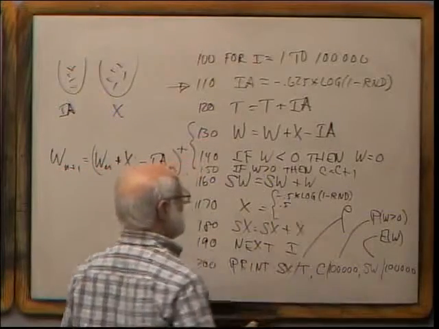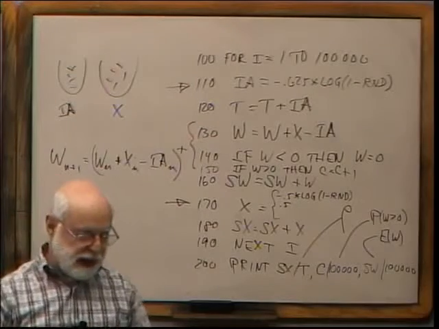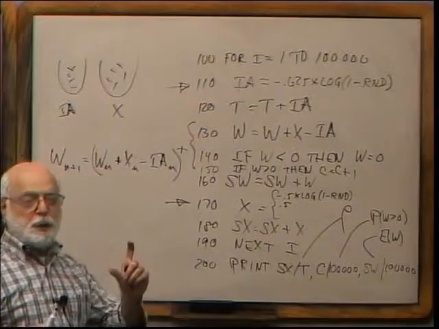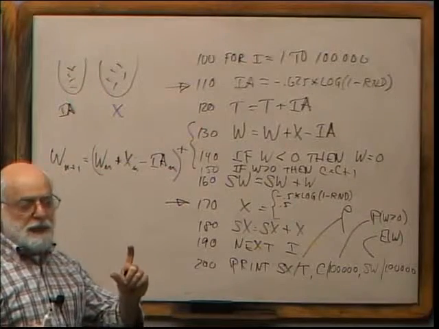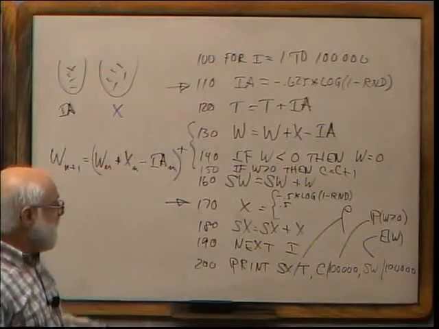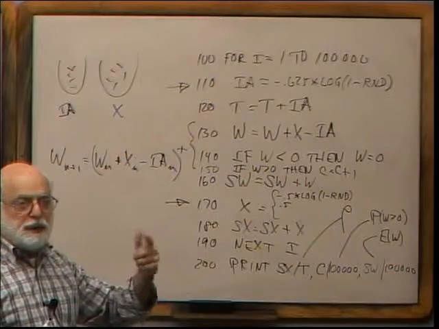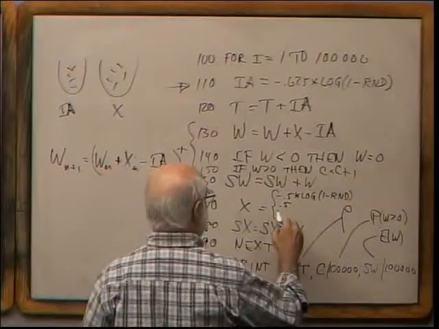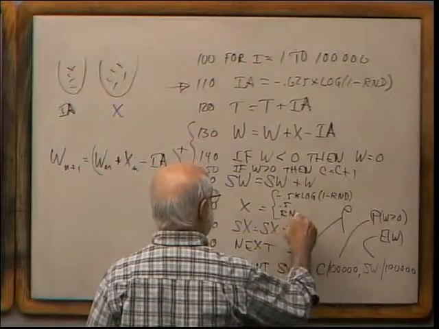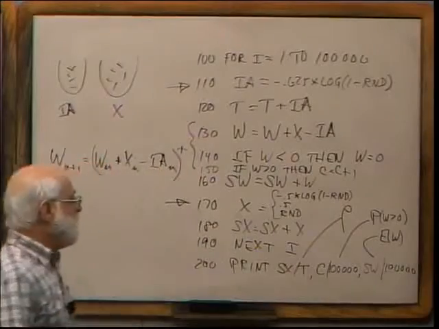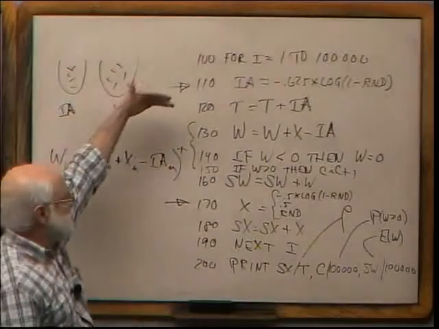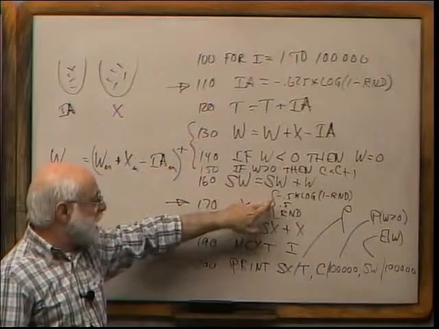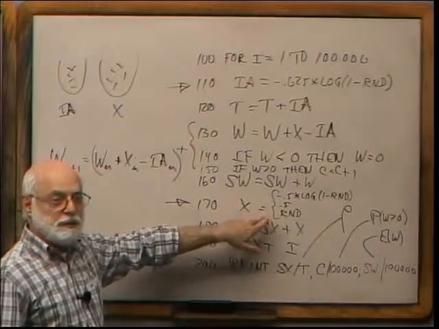In the third case, the service times are supposed to be uniform. If they're uniform between 0 and 1, then their average will be 1/2. And to generate a uniform random variable between 0 and 1, I just use the random number generator directly. So I write x equals RND. So the student has to run the program 3 times, once with exponential service times, once with constant service times, once with uniform service times, and then calculate the stuff that's in the table.